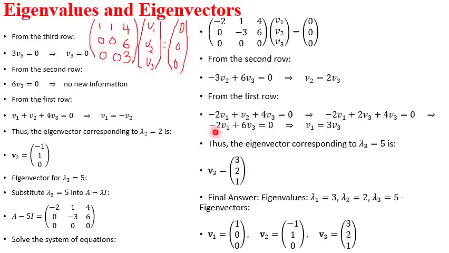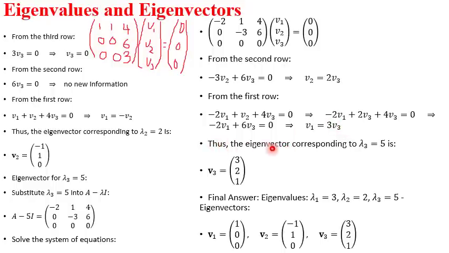When you substitute 2V3 for V2, and add this together, you have 6V3, and that is what you've got here. So it then means that V1 will be equal to 3V3.